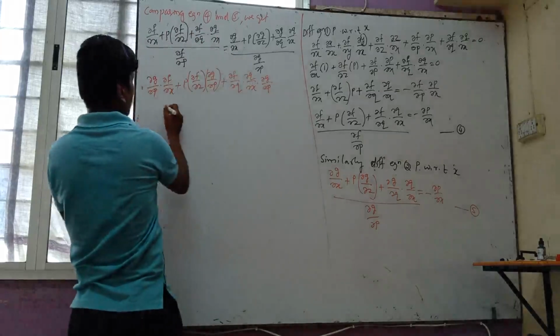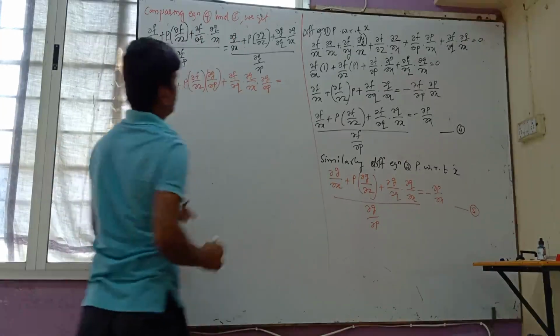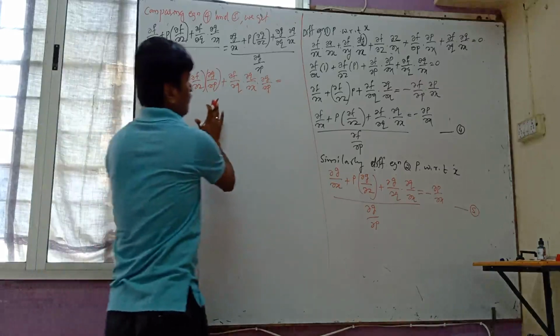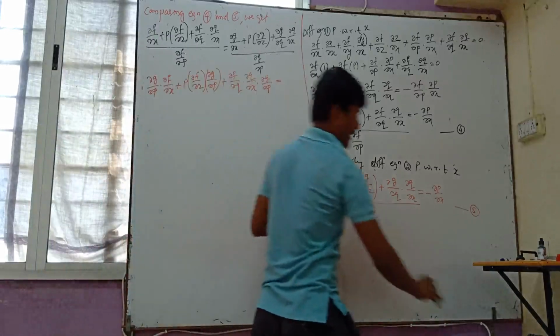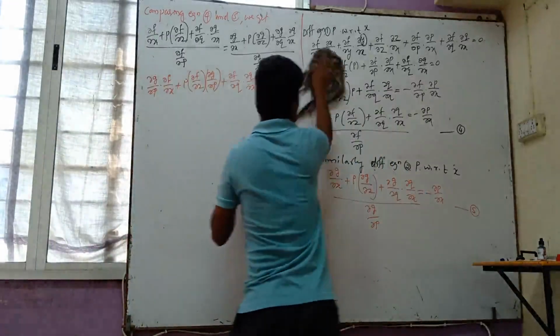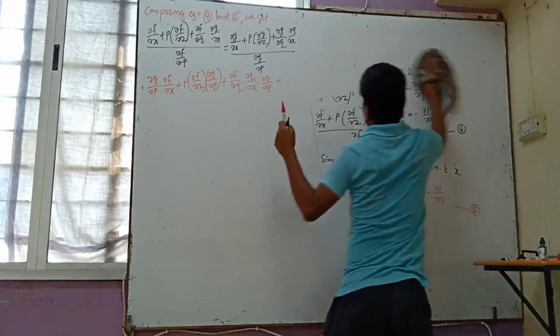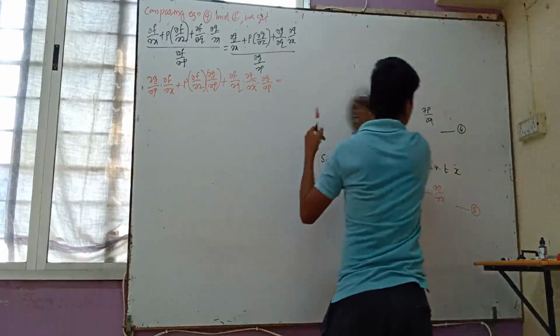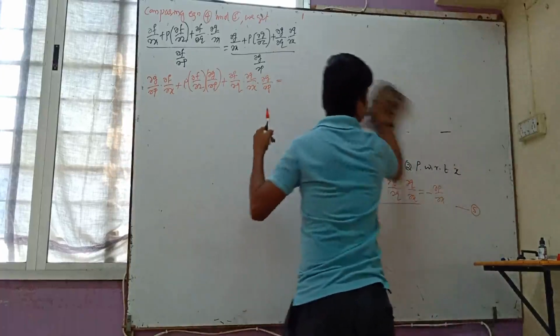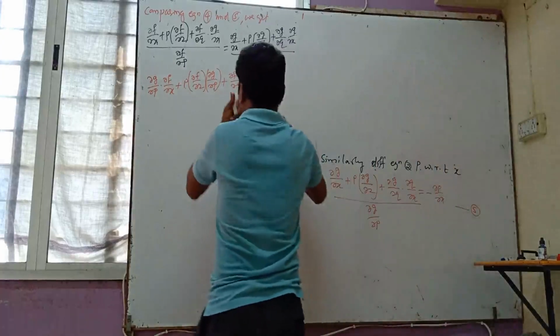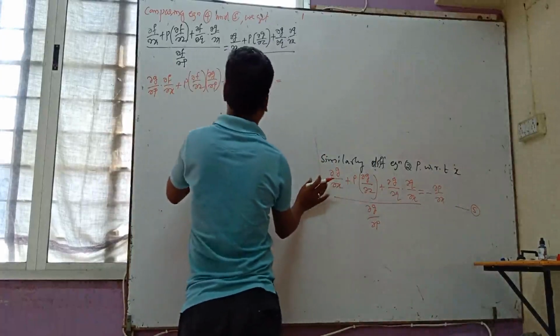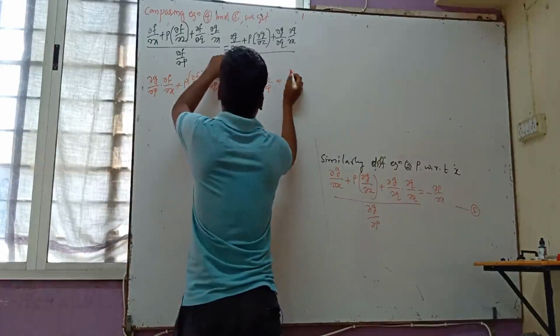So this is equal to the next term. I will write it here. This is a lengthy equation, that's why it takes time. So now the next equation is here, ∂z/∂p.